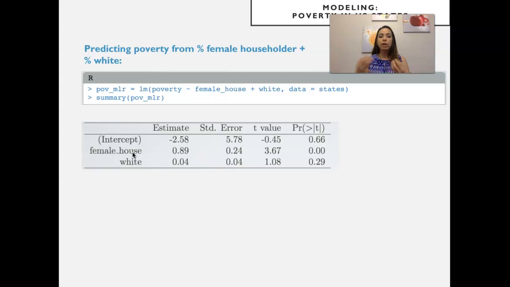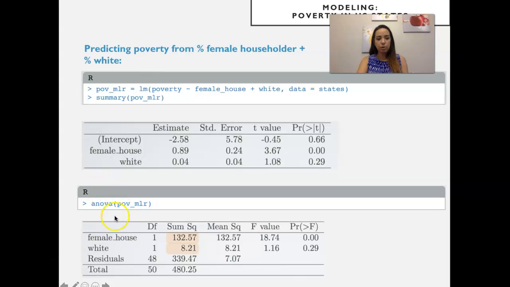So it's no guarantee that if you have a bivariate relationship between a predictor and a response variable, it will continue to be significant in the model when you control for some other variable that might be related to it.